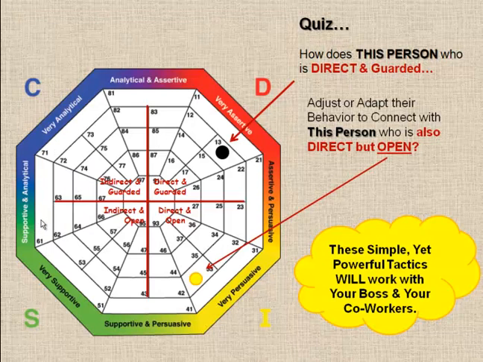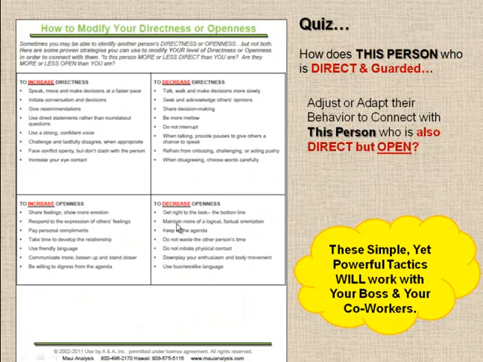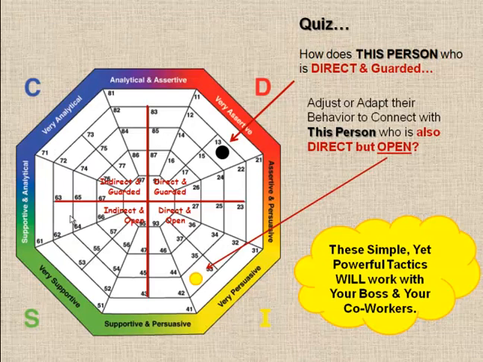So let's back up for a second. This person, direct and guarded, connecting with this person who's direct and open. They're both direct. The only difference is this person's guarded, this person is open. So this person wants to become more open. So they will increase their openness. Now remember, communication is a two-way street.